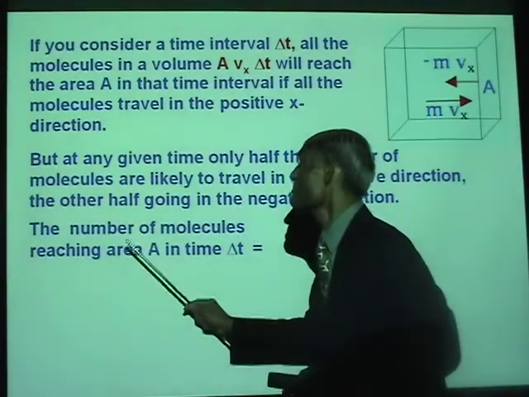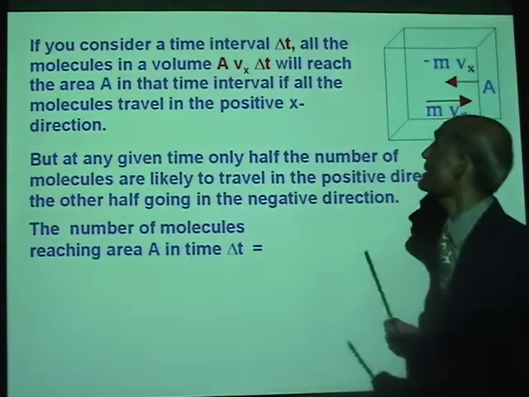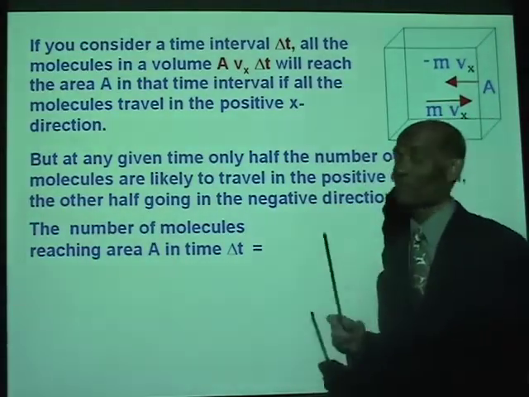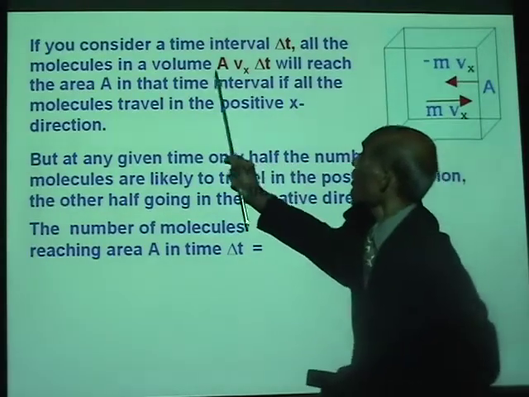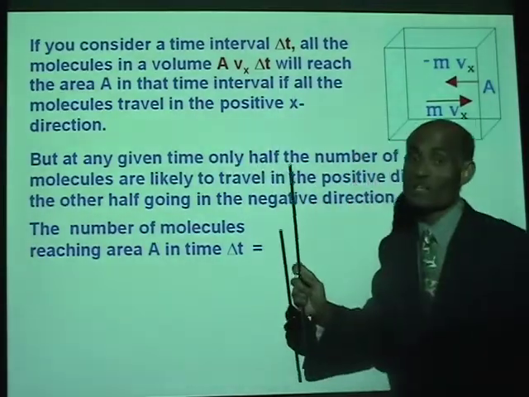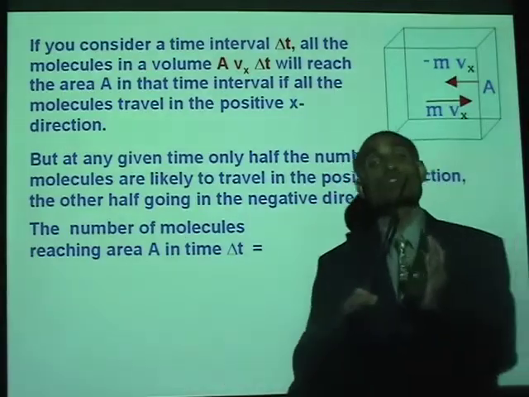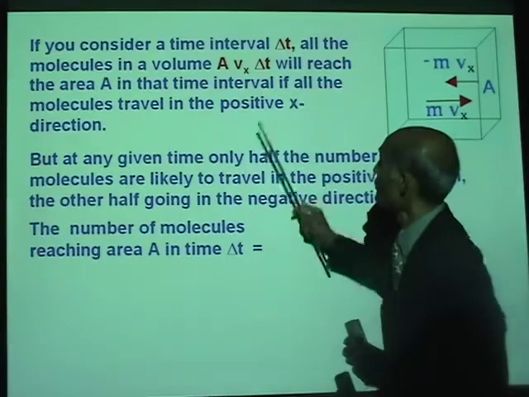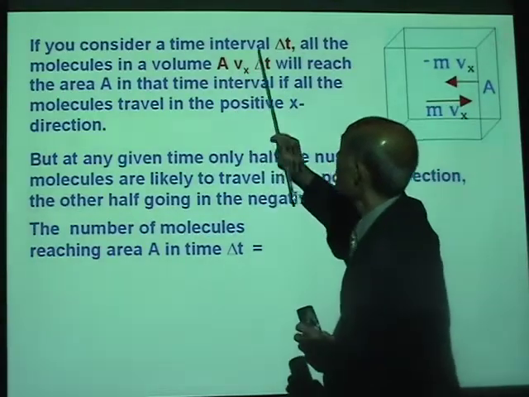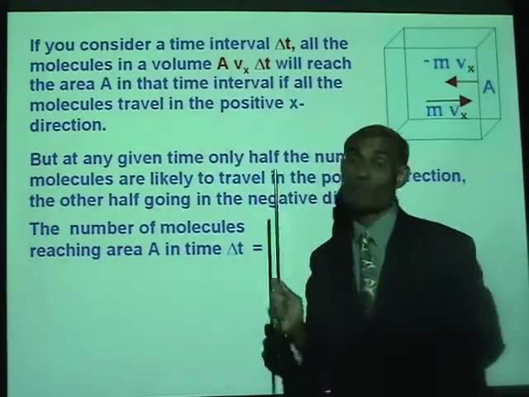Therefore, what is the number of molecules reaching the area A in delta t? In that time delta t. All the molecules in this region, if all the molecules reach, then we say all of them are moving to the right. And therefore, our assumption is half the number of molecules in this volume.